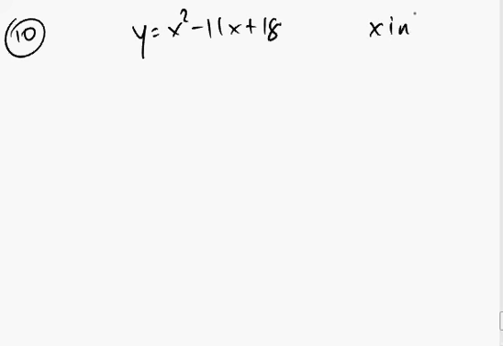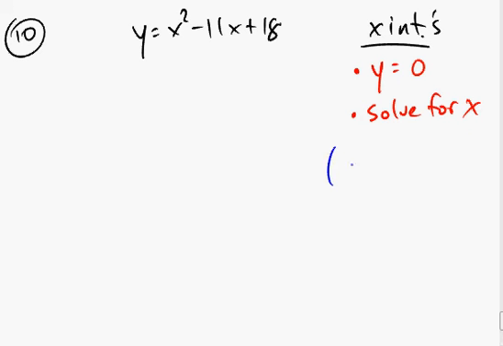It says find the x-intercepts. To find the x-intercepts, you think of it as 2 steps. Step 1, make the y equal 0. Step 2, solve for x. The x-intercepts, what you're trying to figure out is something comma 0.